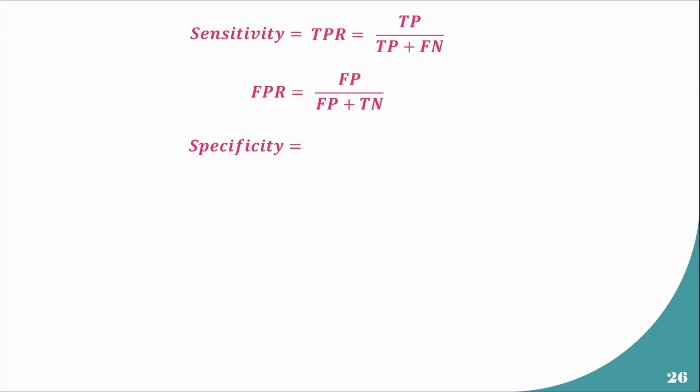So the specificity can also be termed as true negative rate. And true negative rate is basically true negative divided by true negative plus false positive.